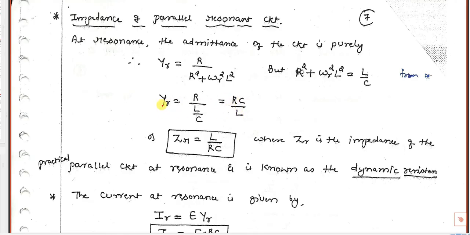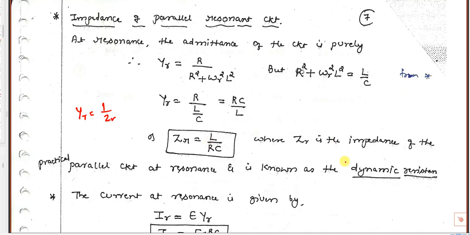YR is the admittance, and impedance is given by 1 by YR. So ZR is given by the reciprocal of RC by L, which is L by RC. If you take the reciprocal, then ZR is equal to L by RC.